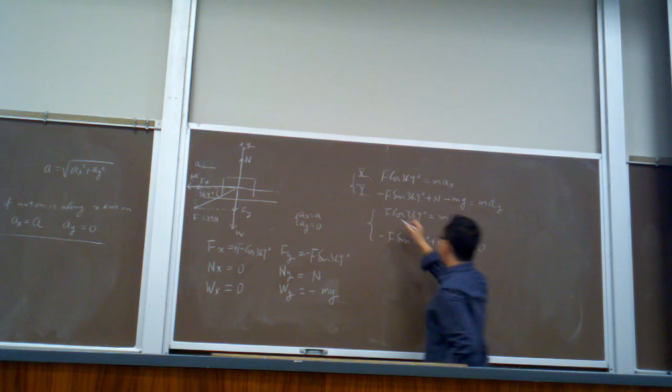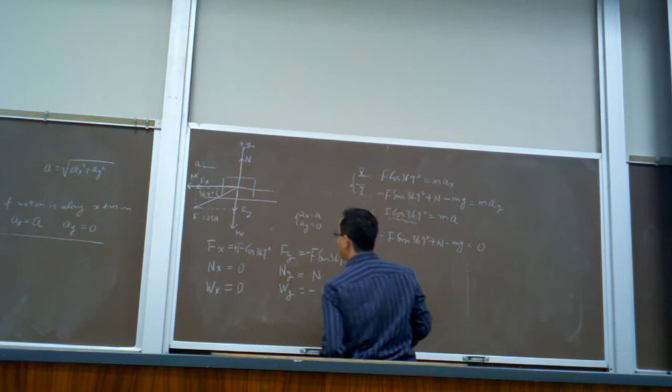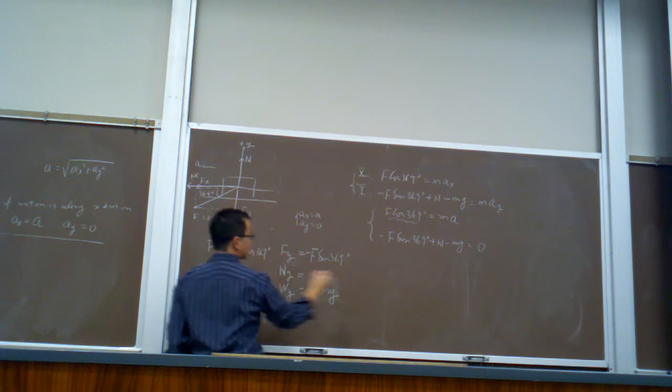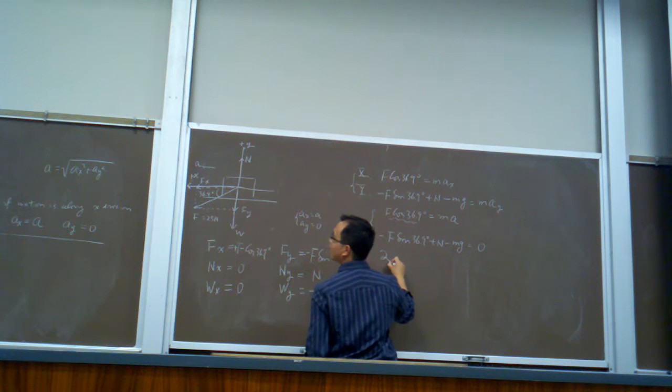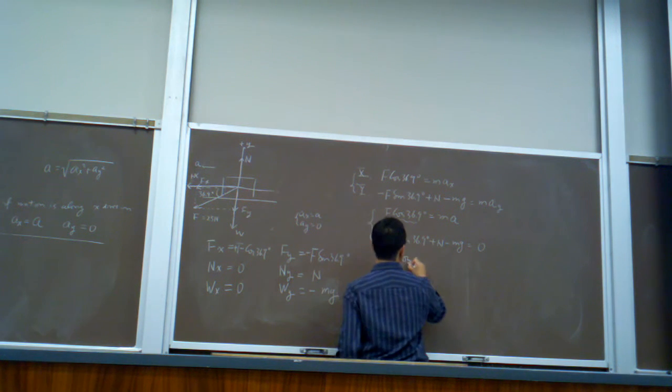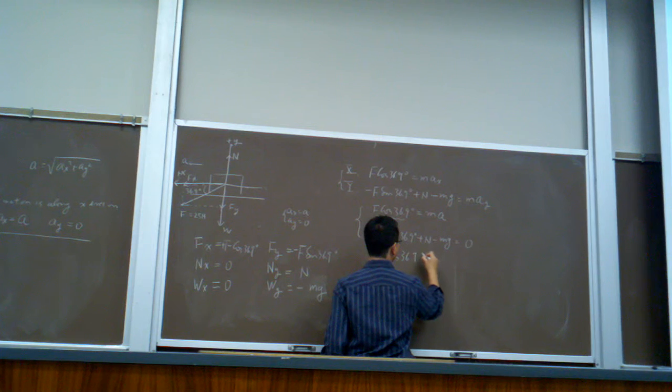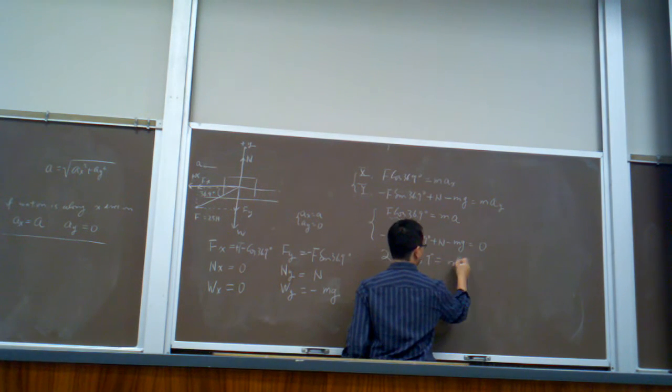Okay, so here, what's this number? If you already calculate, this is 25 multiplied by cosine 36.9 degrees, equals m. What's m?